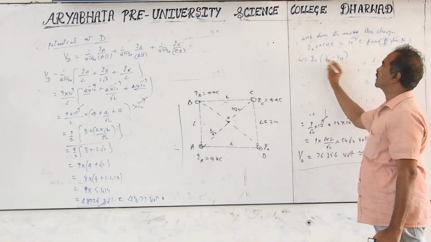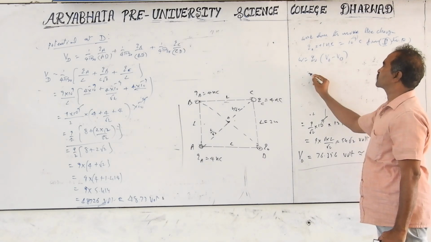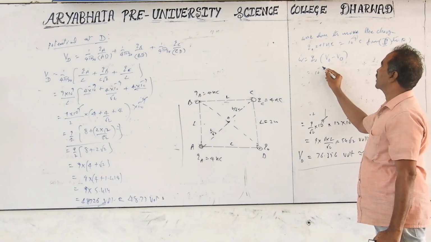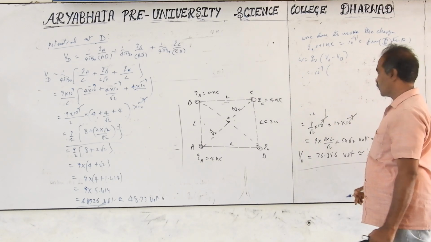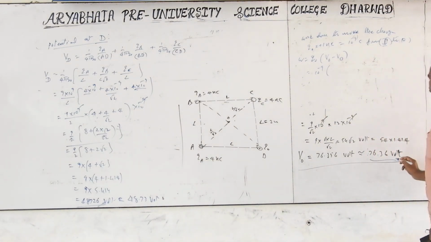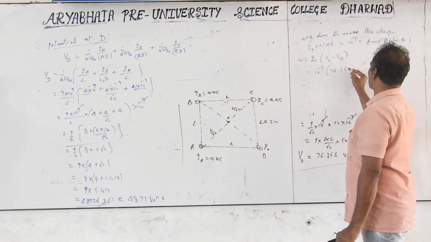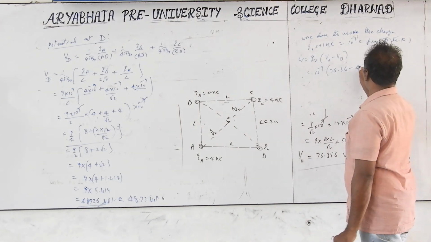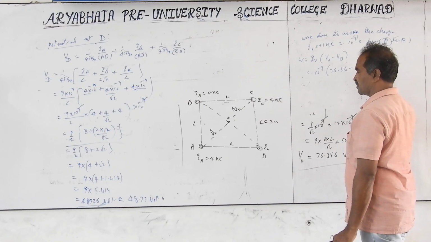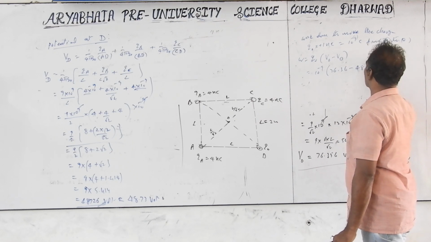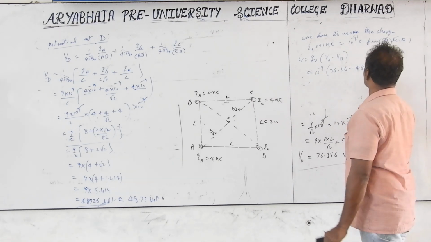Therefore, the work done is equal to Q0 into (VO minus VD). Substituting, this is 10 to the power of minus 9 into VO. VO, what is this value? 76.35 minus VD, 48.73, which are our approximate values in terms of volts.